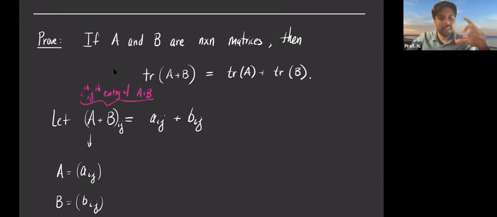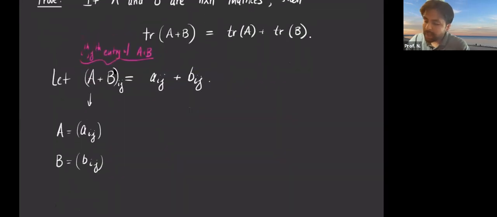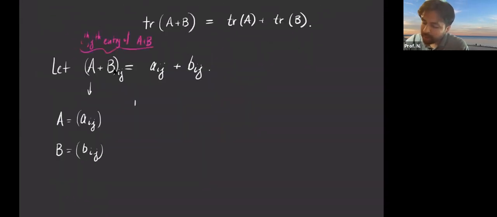To get that ijth entry of A plus B, I take the ijth entry of A and the ijth entry of B. And that's it. So we say, let this be true. Okay, and then what do we know?